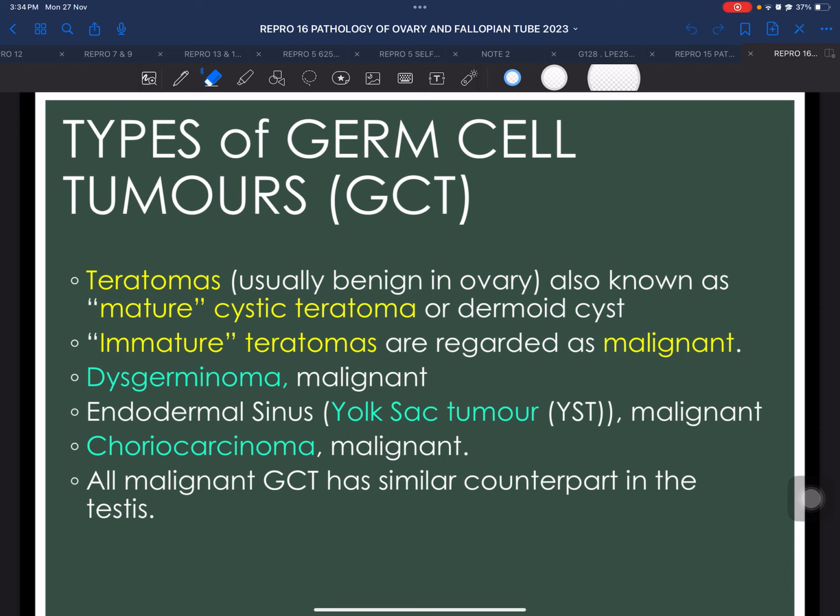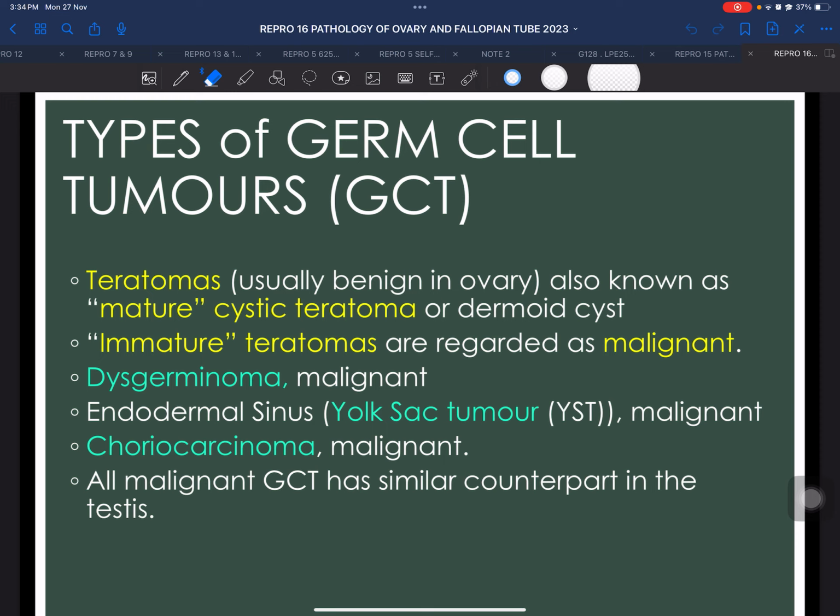For the teratoma, they are mostly cystic. They are usually found in young women during active reproductive years, and they may be discovered incidentally or on abnormal radiograph. They are characterized by the presence of mature tissues derived from all 3 germ cell layers. So you have the ectoderm, the endoderm, and the mesoderm.